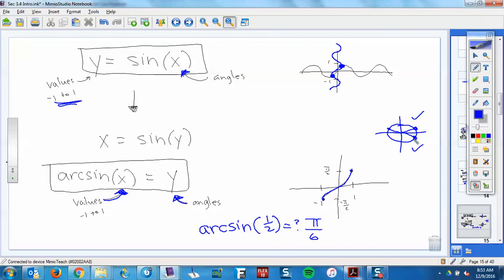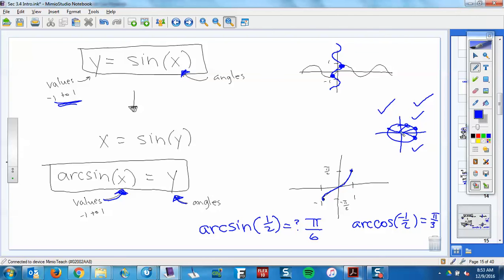Now let's do an arc cosine. What would arc cosine of 1/2 be? Would that be pi/3? What about negative 1/2? Where are negative cosines? Positive is in this quadrant, negative is in this quadrant, right? So what would you get there?